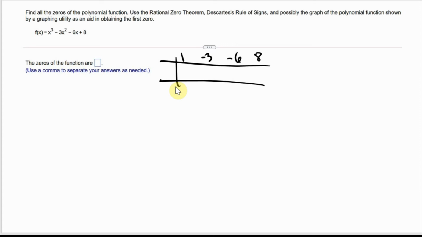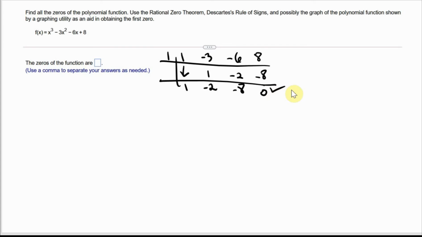Always start with the smallest possible factor, so I start with 1. Remember, you bring down this 1, multiply 1 times 1, we get 1. That's -2. 1 times -2 is -2. We add, we get -8. 1 times -8 is -8. Remainder 0. But that's what you want.